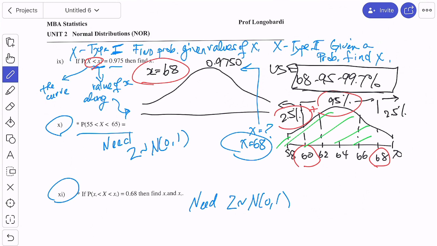I'm using this rule, the rule that you learn as the hallmark of normal distributions. All normal distributions have 68% of the observations within one standard deviation of the mean, 95% within 2 standard deviations, and 99.7% within 3 standard deviations.